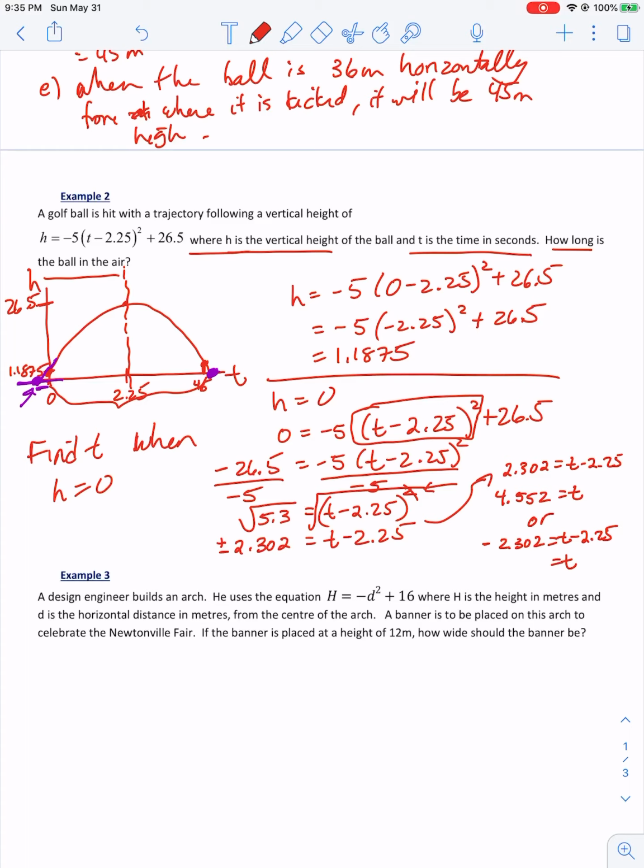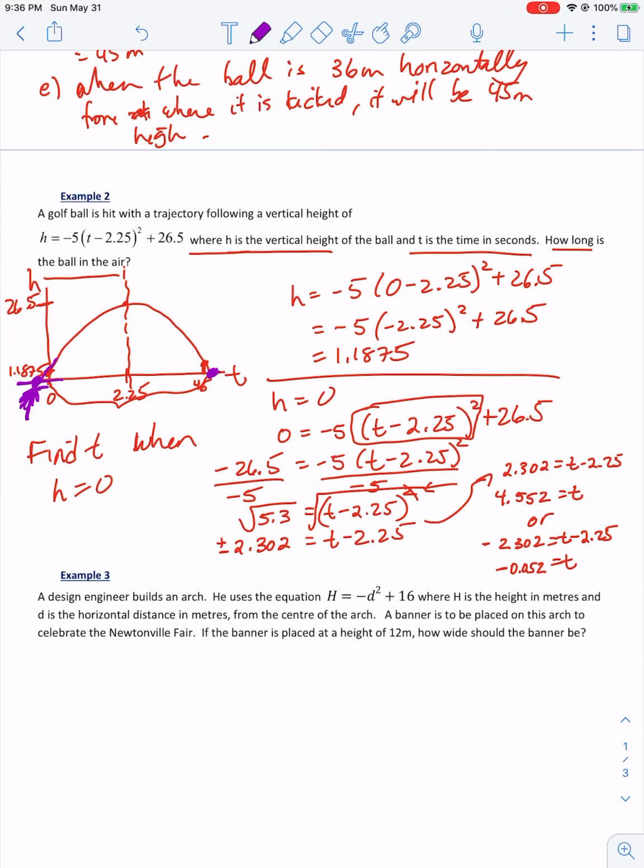And when I bring that over to the other side, that's going to be a positive on the other side, so it actually becomes negative 0.052.